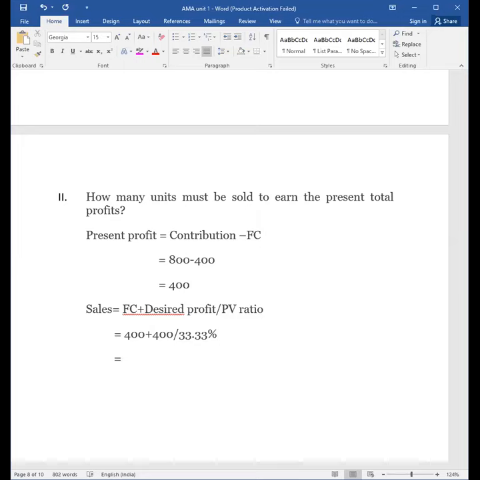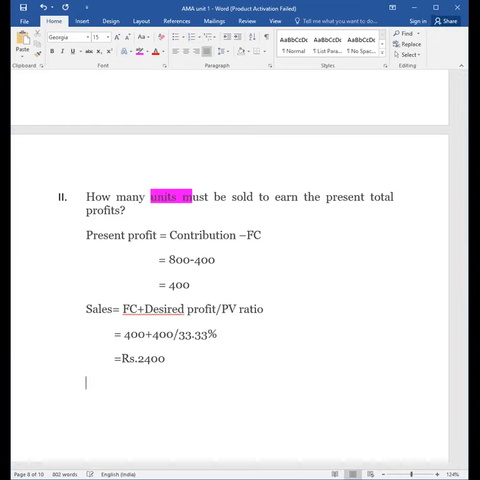So you'll be getting 800 divided by 33.33%, which is 2,400. So you are getting sales of 2,400 rupees, but they have asked you to calculate in units.